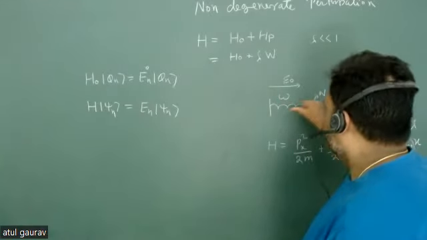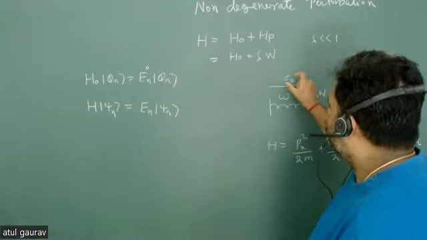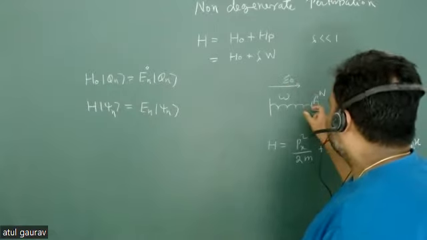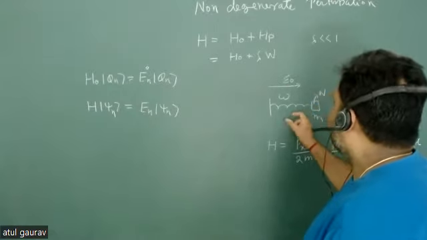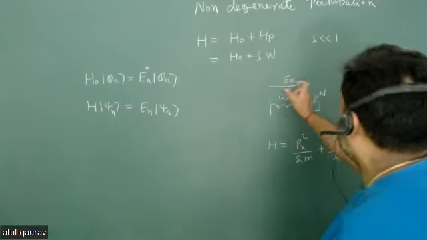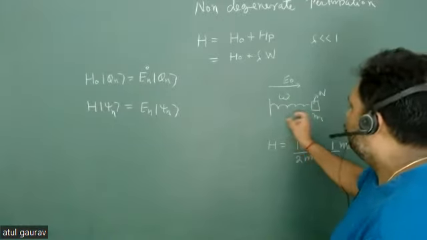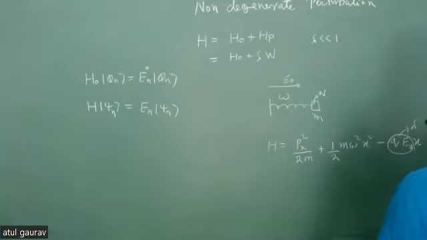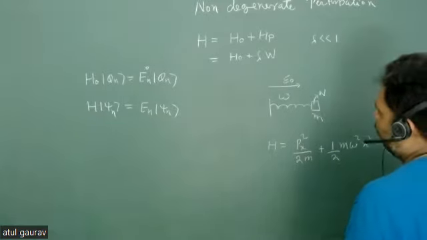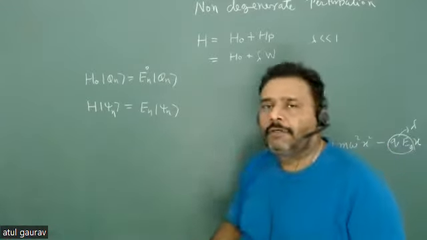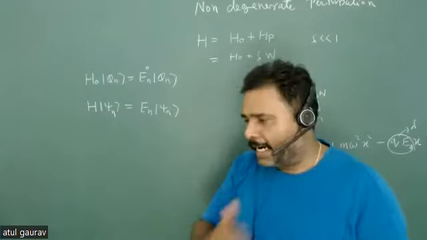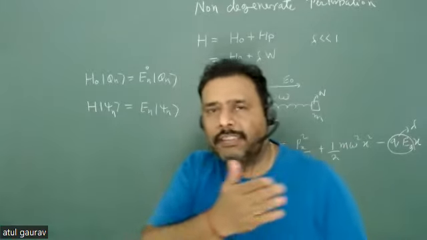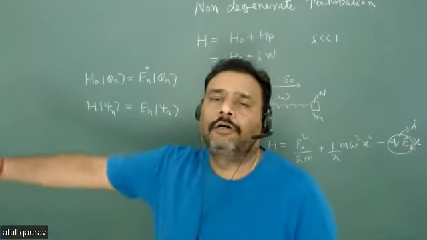You always have a restoring force. Suppose q E naught is very, very much greater than minus kx, then what will happen? This particle will just go in one particular direction. Obviously the effect of the restoring force will be negligible, and it will behave as a particle moving in a constant field.